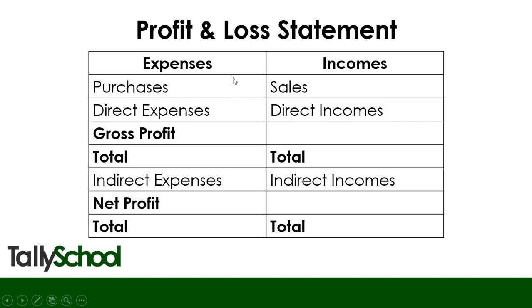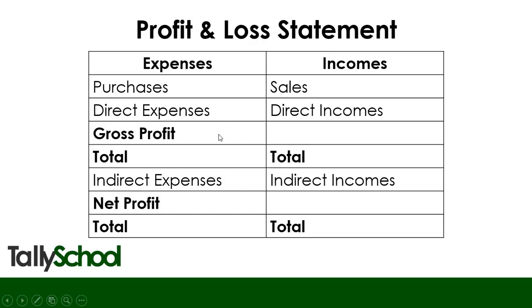So here the total comes to 10,000 rupees, and here the total comes to 10,000 plus 5,000, which means 15,000 rupees. So your direct incomes plus sales equal 15,000 rupees. Your purchases plus direct expenses equal 10,000 rupees. Now if you deduct 10,000 from 15,000, you get a gross profit of 5,000 rupees.